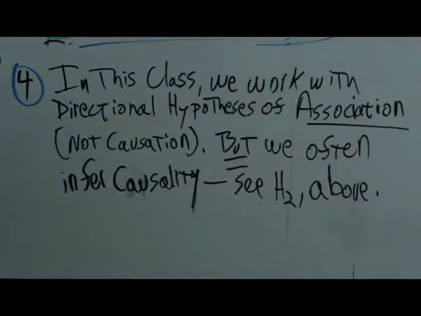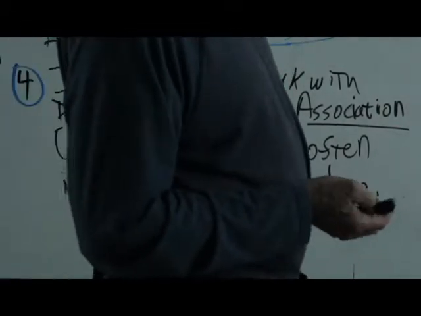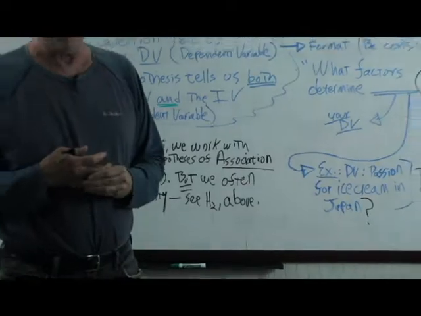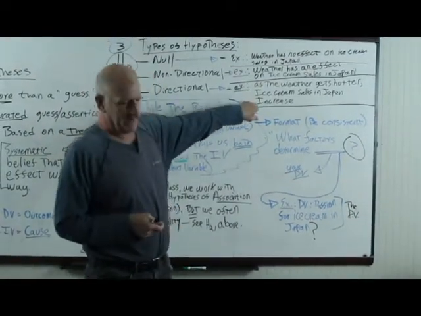They are not related to causality in a statistical sense. In other words, we're not saying that the weather causes ice cream sales to go up. What we're really saying is there's an association between hot weather and the increase in ice cream sales, to go with my directional example here.